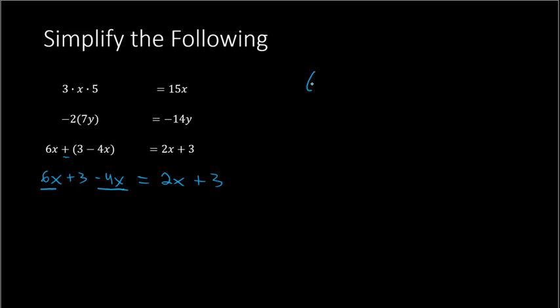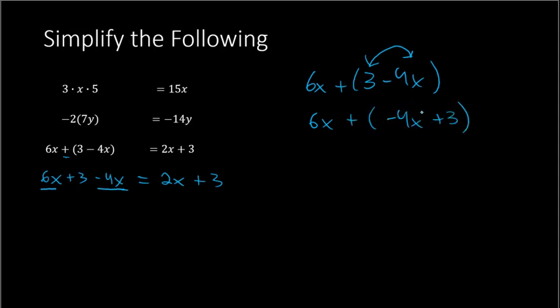The other way of thinking of that, by the way, is you have the 6x plus 3 minus 4x. What you could do is you can use your commutative property to change the order of that. So we have 6x plus negative 4x plus a 3. It's a positive 3. And then you can use your associative property, which is the regrouping property. So you could regroup.